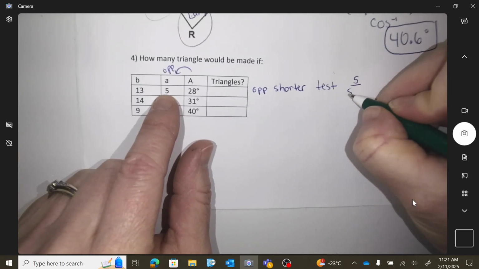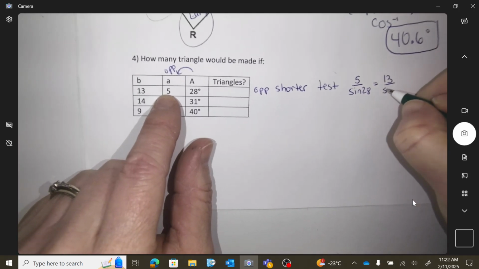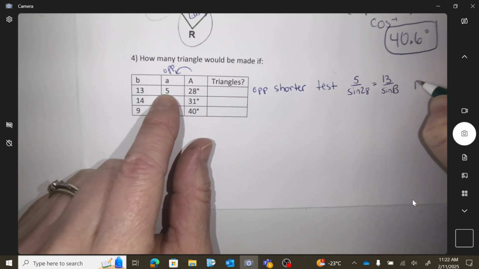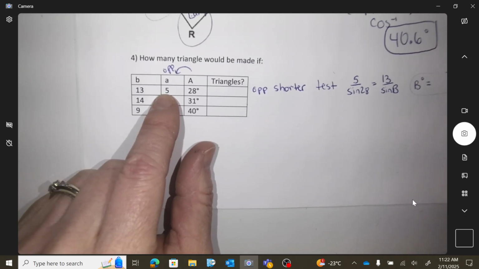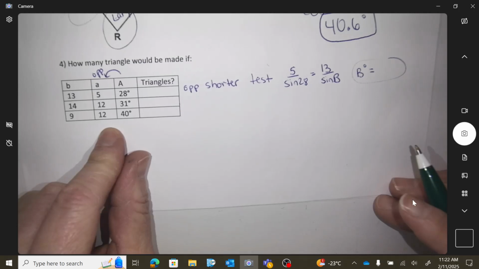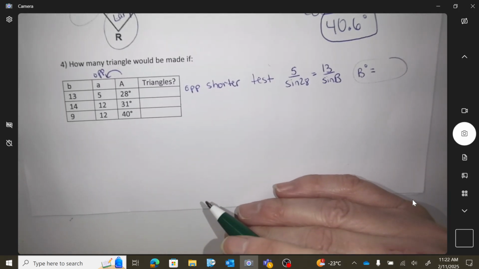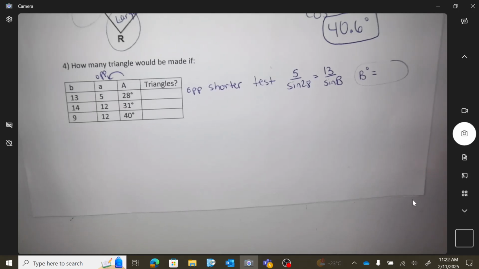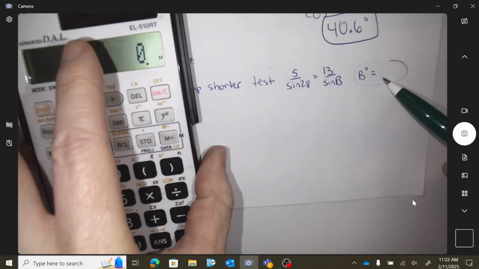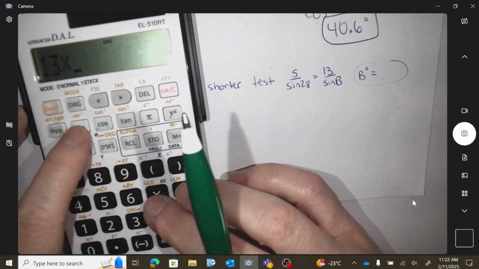So 5 over sine 28, 13 over sine B. Okay, I don't really care about what it is. I just want to know if it exists, right?